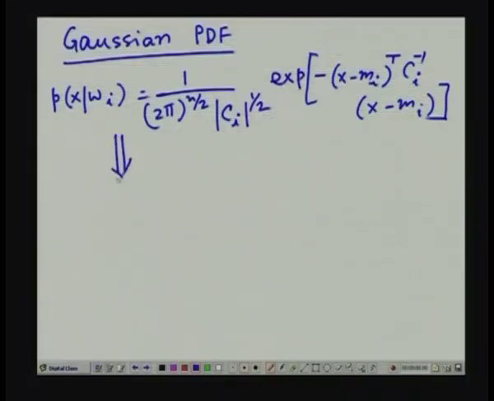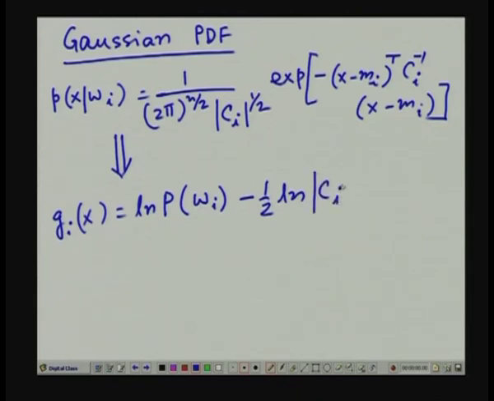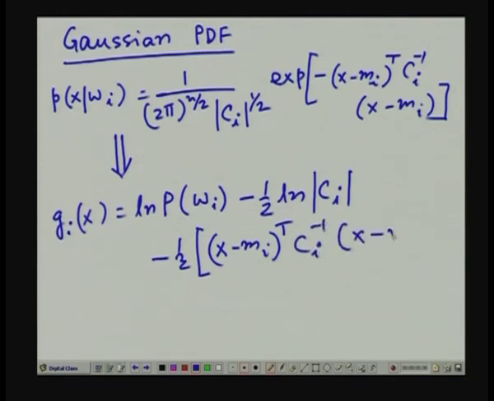So, from here it can be deduced that a discriminant function g i of x can be written like this: ln p of omega i minus half ln |C i| minus half (x minus m i) transpose C i inverse (x minus m i).